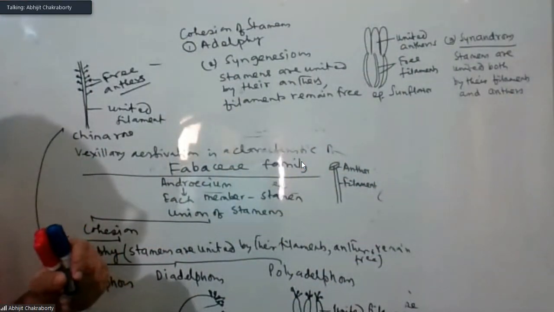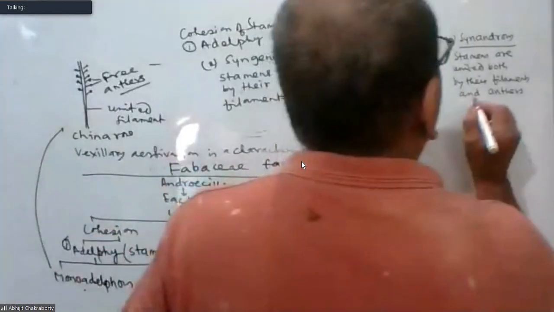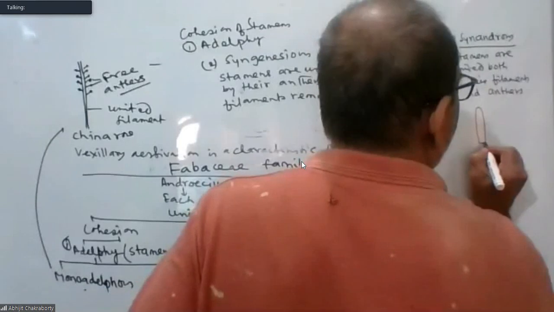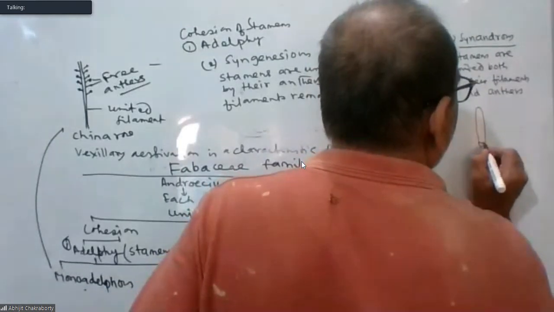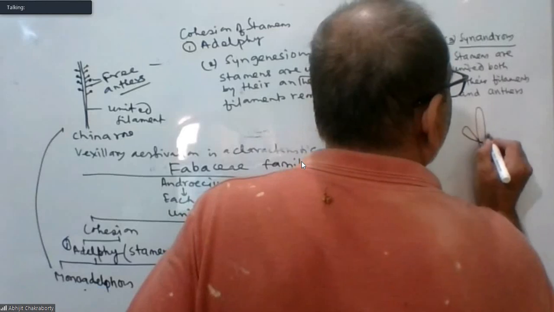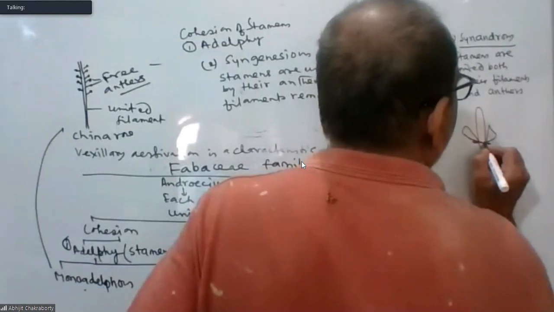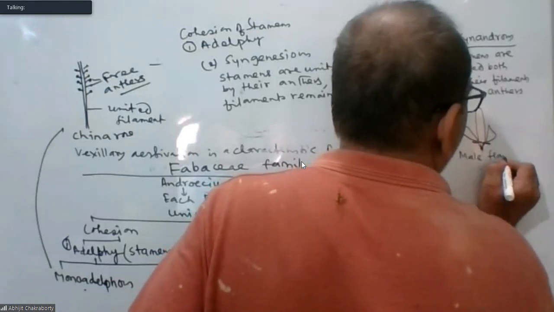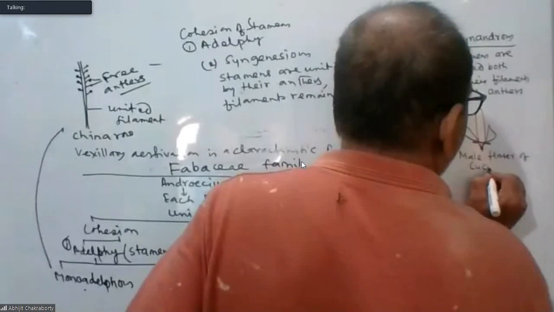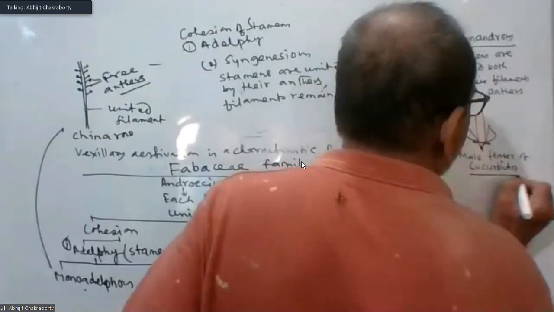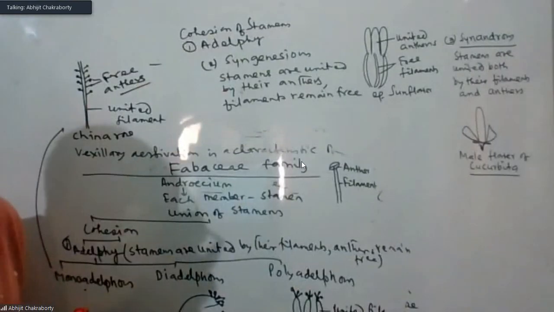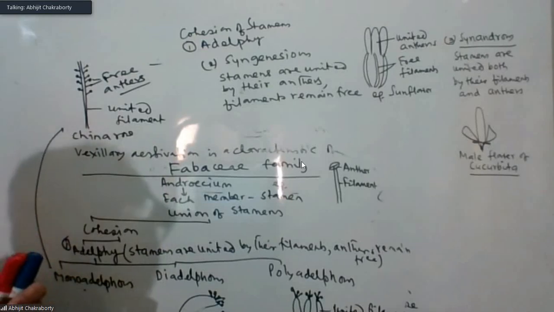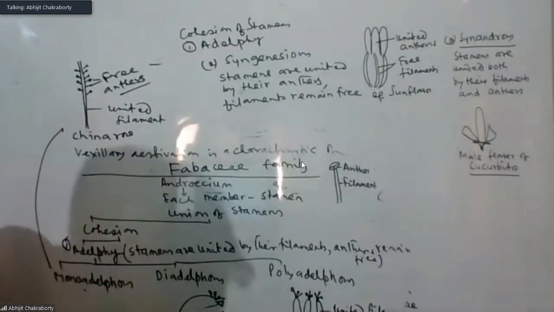You will get it in the male flower of Cucurbita. The synandrous. So this is the cohesion.